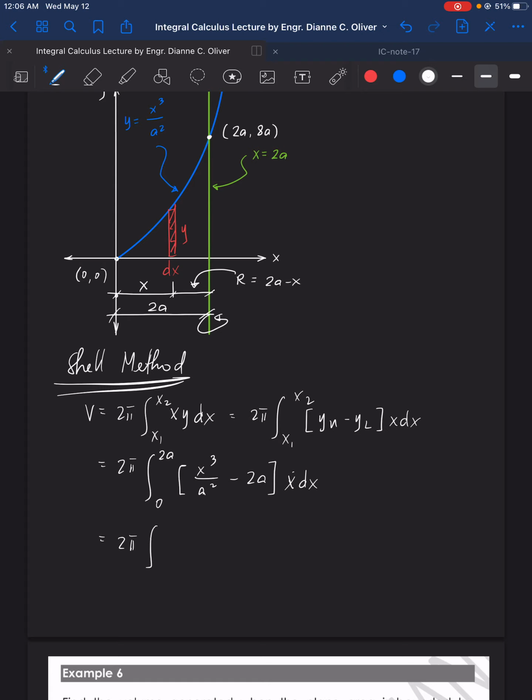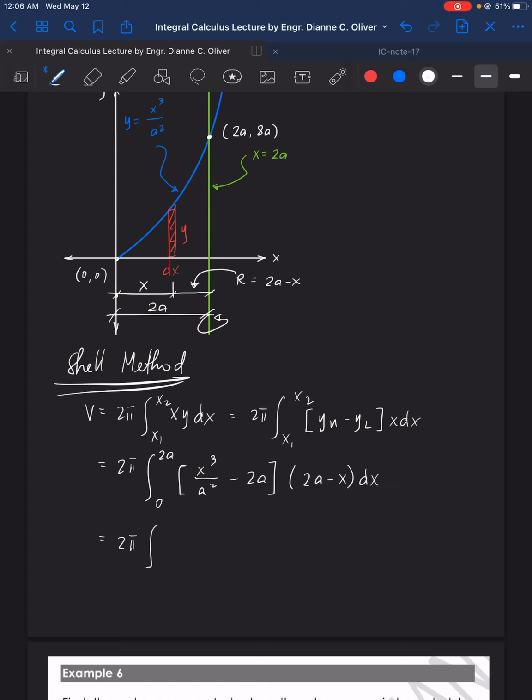That's the radius of the shell. Therefore, this is not just x dx, this is actually (2a minus x) dx.